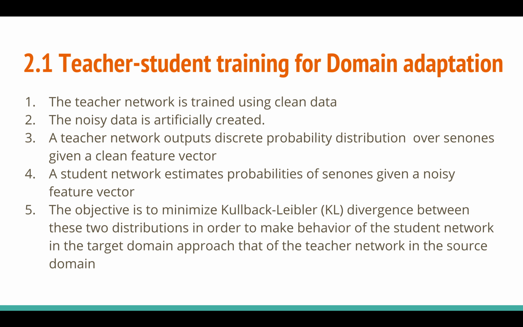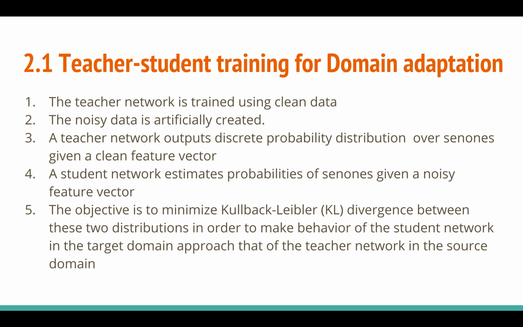If you read more about speech recognition, hybrid approaches of deep learning and speech recognition, you will know what a senone is. So senone probabilities are sort of a probability distribution. You take that and you also compute the senone probability from the noisy input to the student network, then you try to minimize the KL divergence between these two distributions.